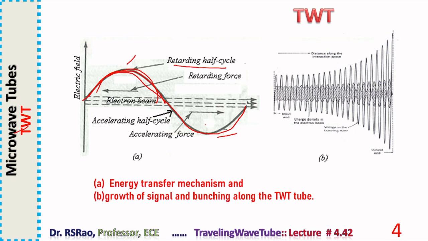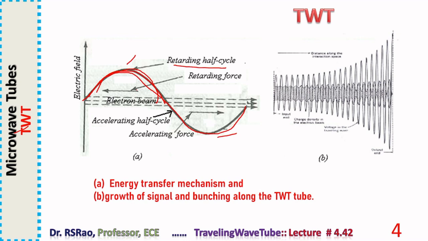To have a deeper understanding, imagine the situation of this entire frame moving from the input end to the output end. The entire structure keeps on moving. While moving, electron concentration in the retarding half cycle keeps on increasing. Electron concentration in the accelerating half cycle keeps on decreasing.